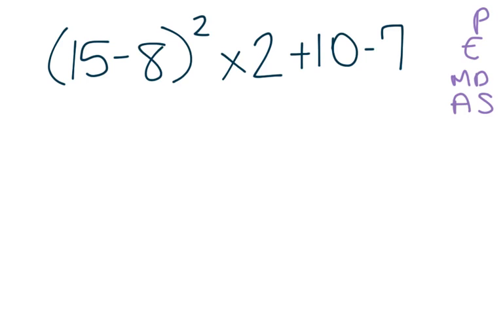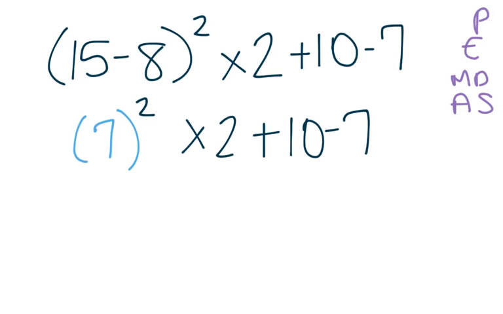When it is outside of the parentheses like this, you are squaring this answer. So you subtract first, you do this parentheses first, and then you raise it to that exponent. Okay, so 15 minus 8 is 7, and then you will square it times 2 plus 10 minus 7.